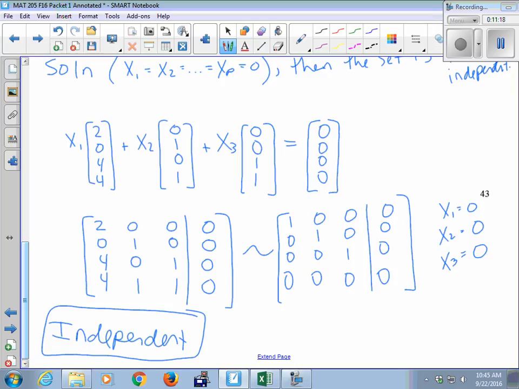To have a free variable, you would have to have a column without a pivot, because that's the definition of a free variable. So when you have a pivot in every column, you can conclude linear independence.